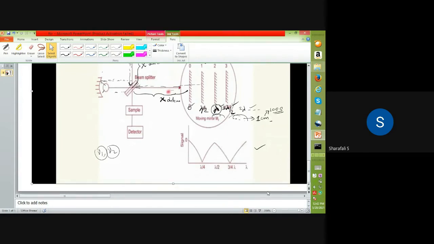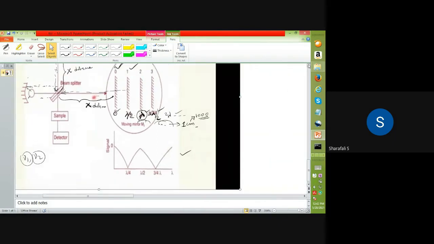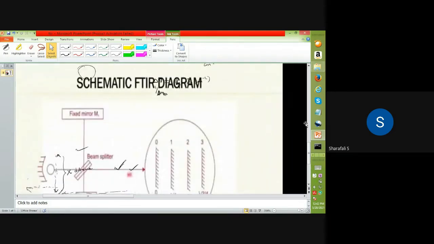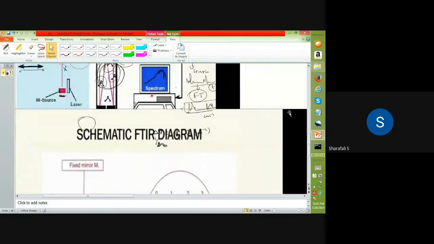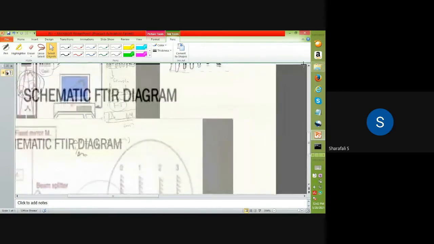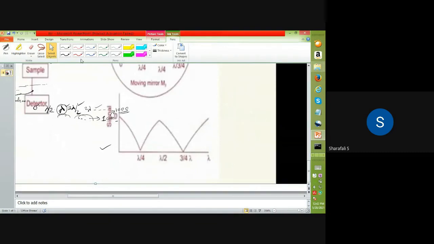I'm just explaining how we get that pattern. If you consider the second radiation, let's say it has a slightly higher frequency than the previous one.